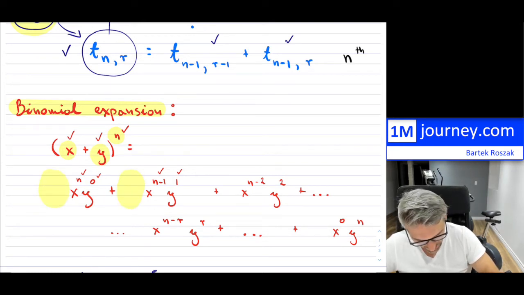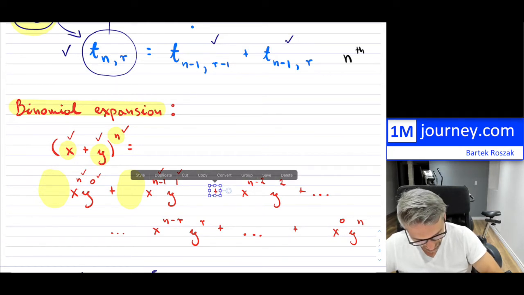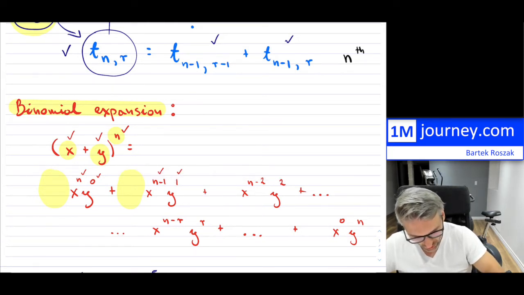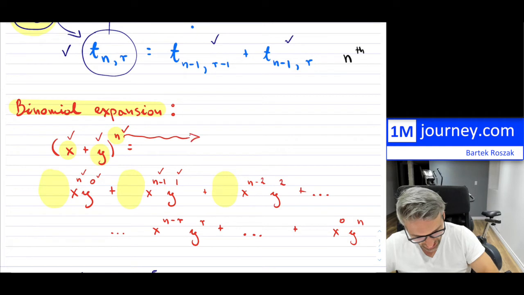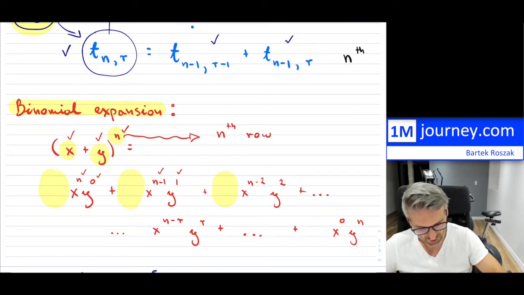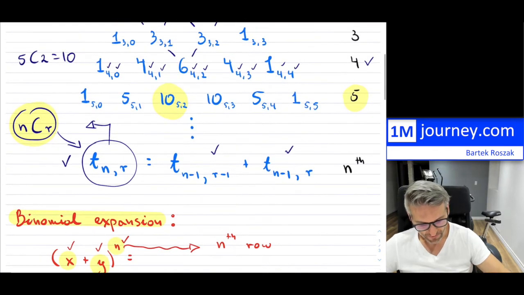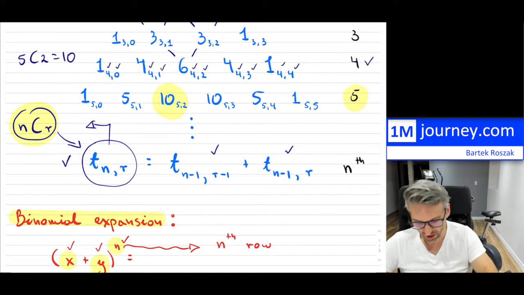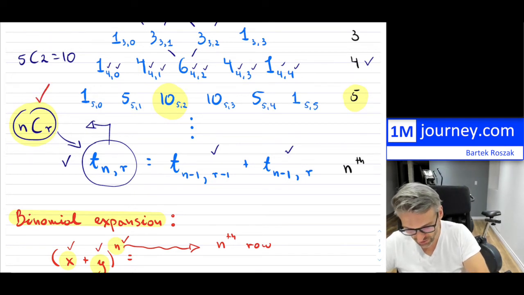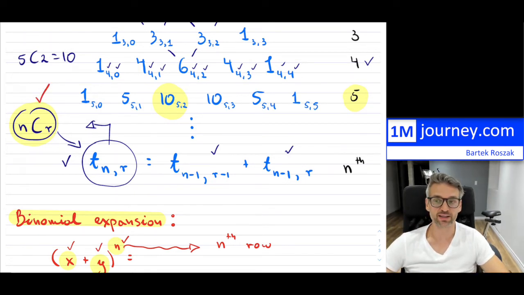For all of these, what would that coefficient be? Because this is like saying that this is the nth row in Pascal's triangle, whatever that might be, but we know what those values are. We can simply use the combination right here.